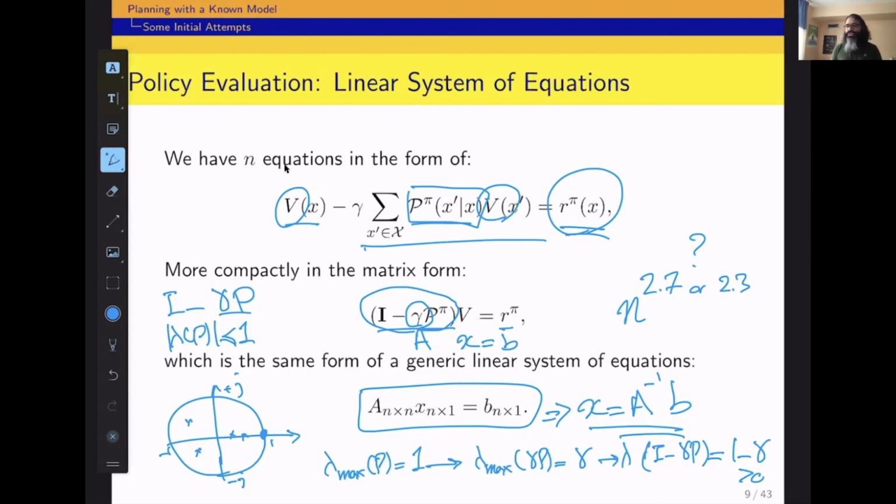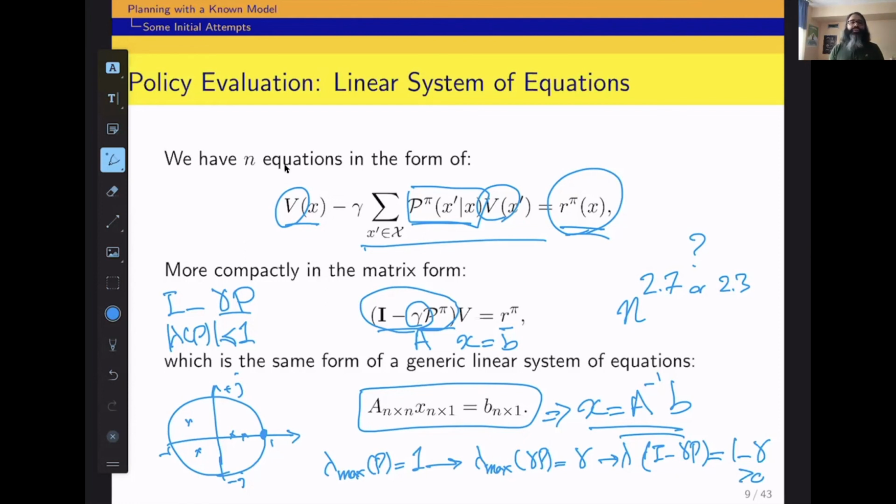Okay, there's a question: is this because the Bellman operator Lipschitz impacts the spectrum? This is because it's a stochastic matrix, so we can show that a stochastic matrix has its largest eigenvalue being 1, and then we can go through this procedure.